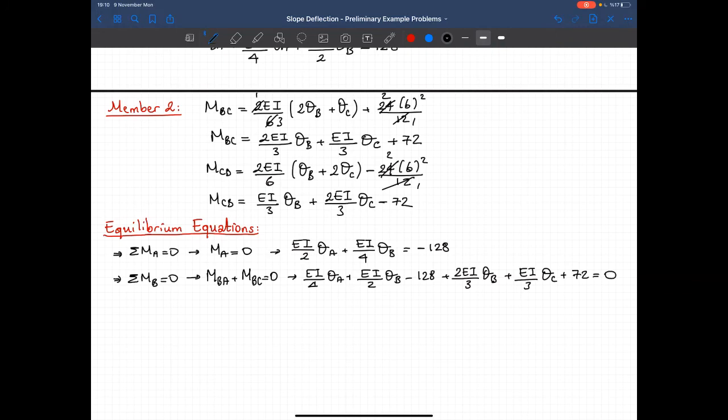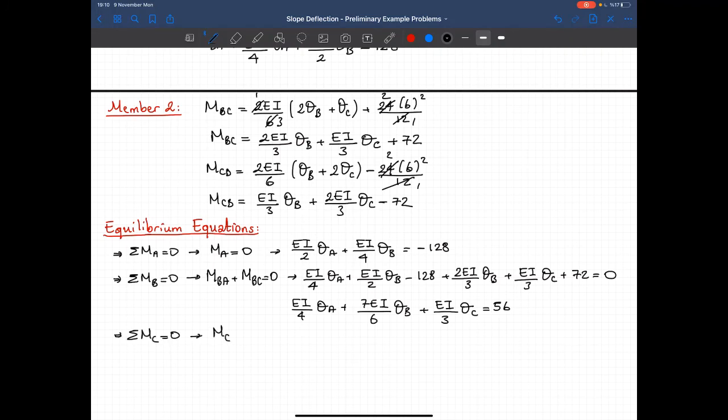And if you simplify that equation, at the end we have EI over 4 theta A plus 7EI over 6 theta B plus EI over 3 theta C equals 56. We need one more equation, which is sum of moments at C equal to 0.